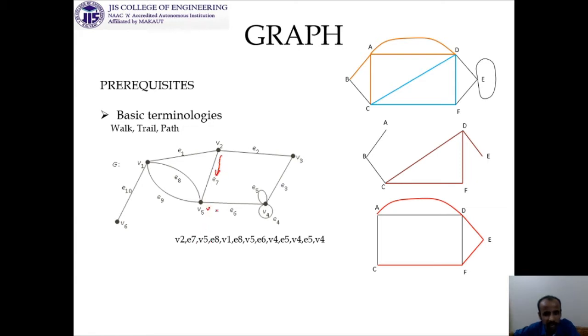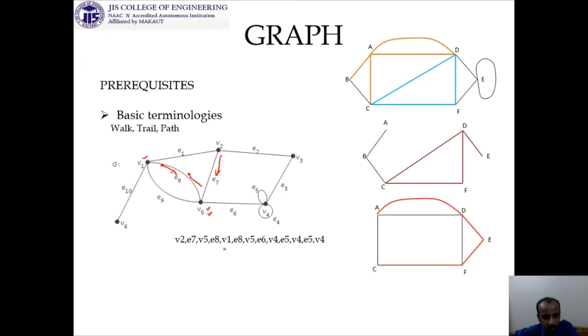Then E8, that means we are now going in this direction, then V1, obviously then it will be in our target destination. Then E8, again we are coming back. Our target is to make the sequence of vertices and edges coming alternately, and we just have to maintain this condition. Here the repetition of vertices and the repetition of edges, everything is allowed, just we have to maintain the sequential rule. So now again by E8, we are again at V5.